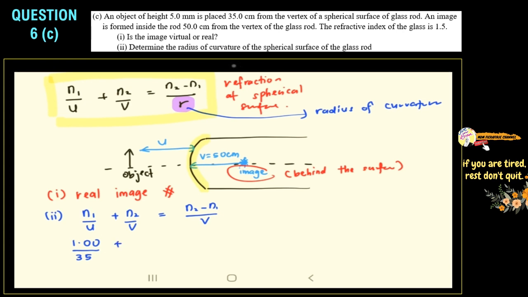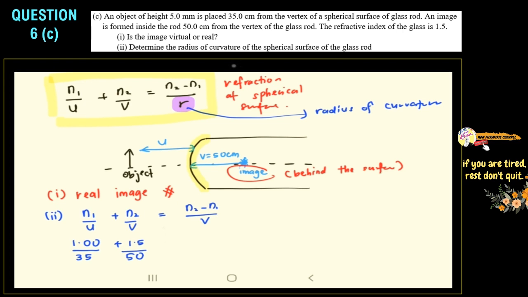Plus, the image forms inside the glass, that means n2 is 1.5 over v, where v is equal to 50 centimeter.